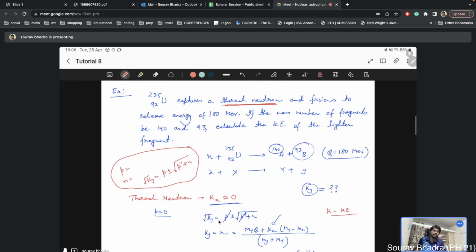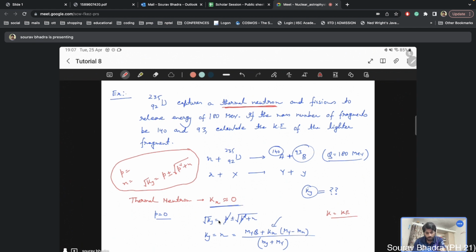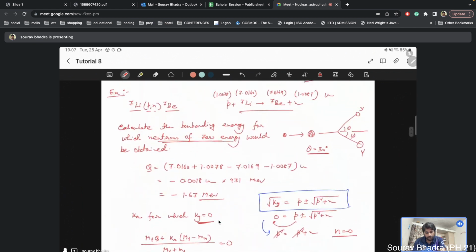I am again saying this, all these types of questions you can solve by just calculating the values of P and N. That will give you everything you want for your problem. Just put the conditions which are given, different for different problems. Like this problem, the condition was Kx equals 0. For the previous one, the condition was Ky equals 0. So whatever conditions are given in the problem, according to that you will get the solution which has been asked for.